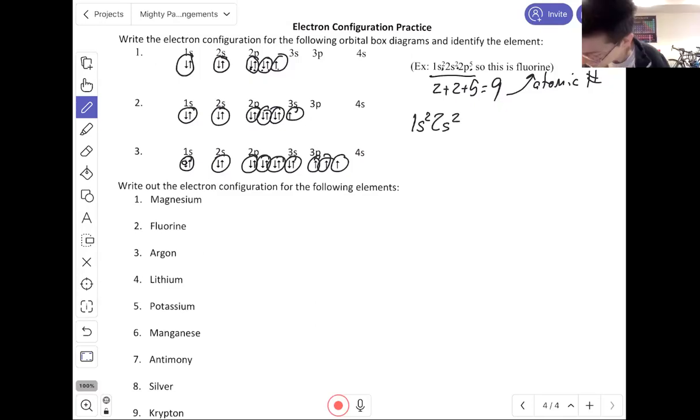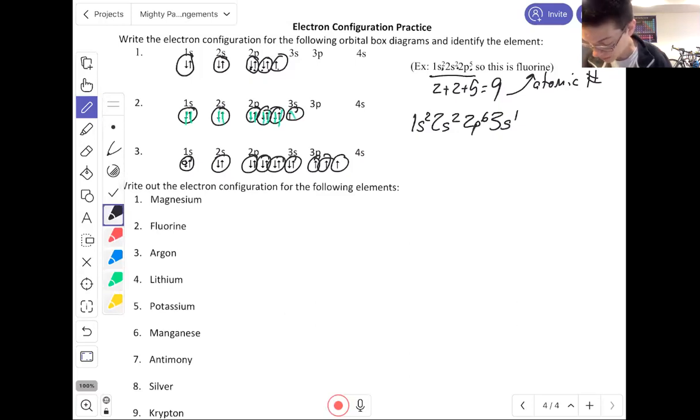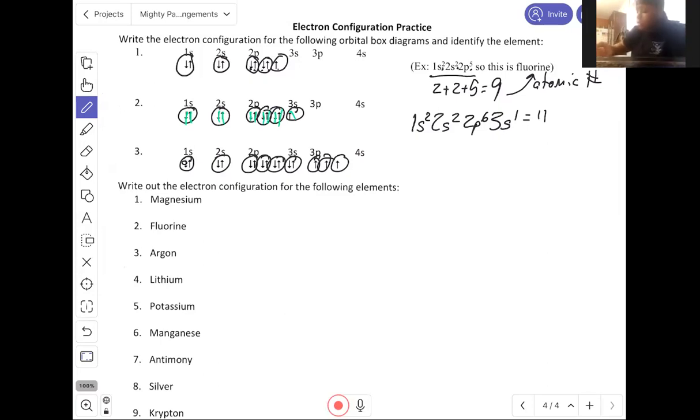Yep. 1s2, 2s2, 2p6, and 3s1, because there are 1, 2 in that one, 1, 2 in that one, 1, 2, 3, 4, 5, 6 in that one, and 1 in that one. That's where she got those numbers. And if I add up those exponents, 2 plus 2 plus 6 plus 1 totals up to what? 11. Which is what element? Sodium.